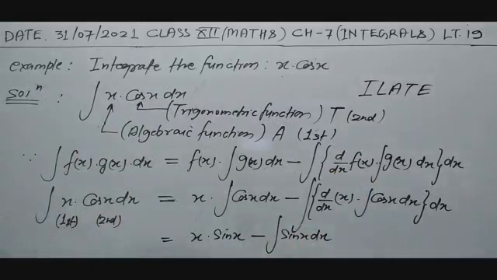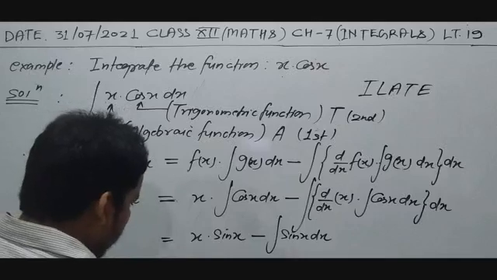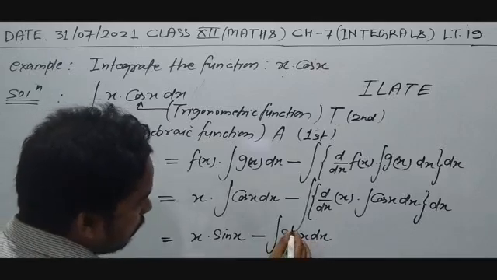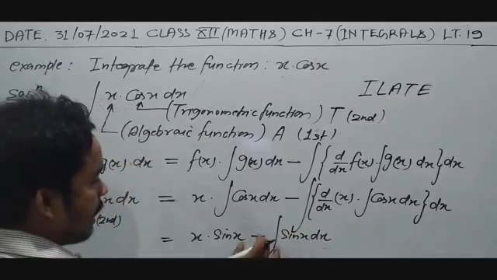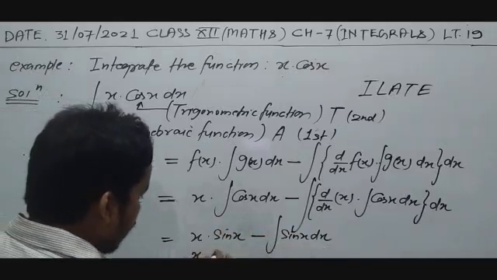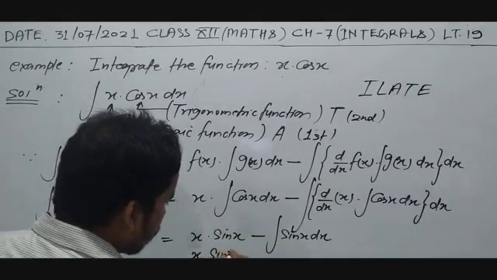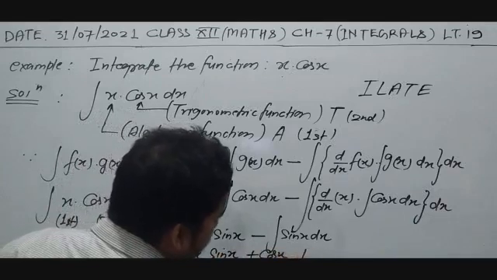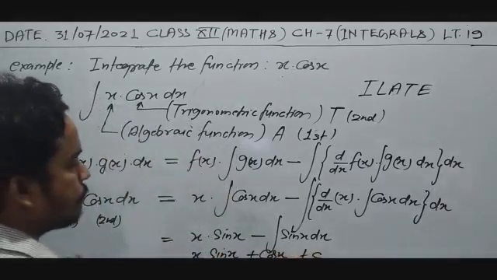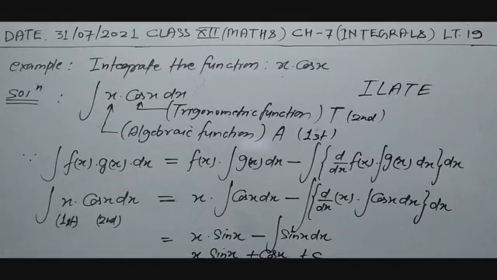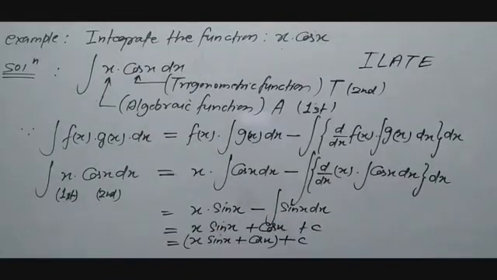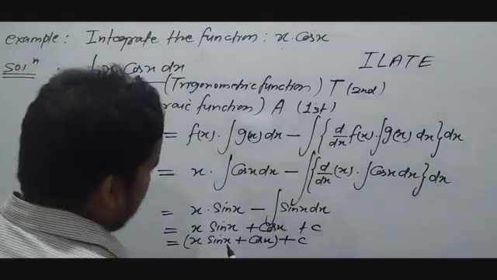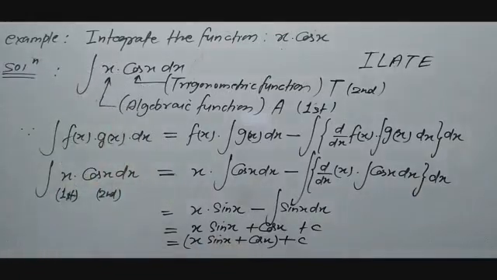And now again when you integrate, you will get the result. Integration of sin x dx is minus cos x. So minus minus plus, and the answer will be x times sin x plus cos x plus c. Now the answer is x times sin x plus cos x plus c. This is the answer.